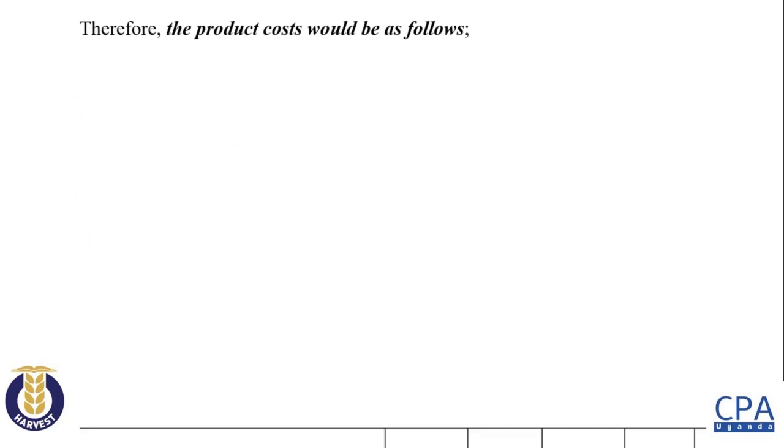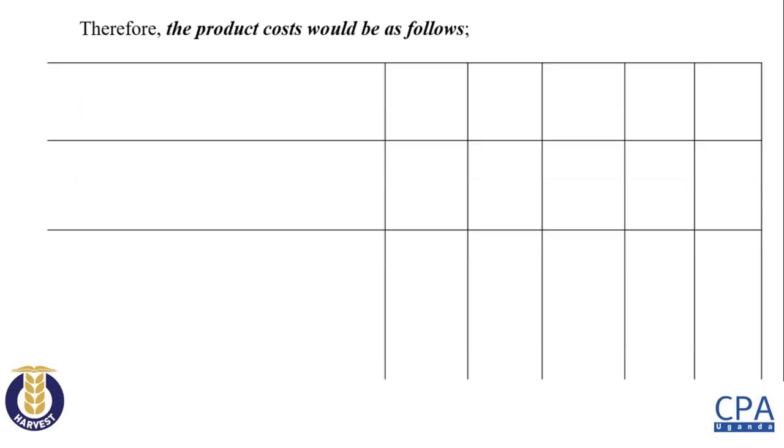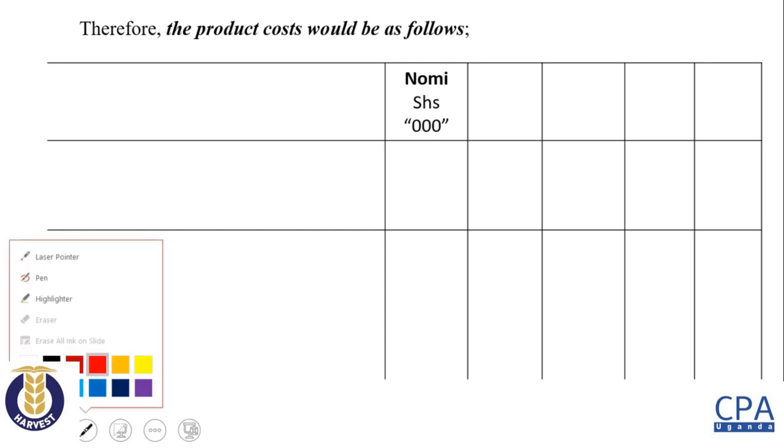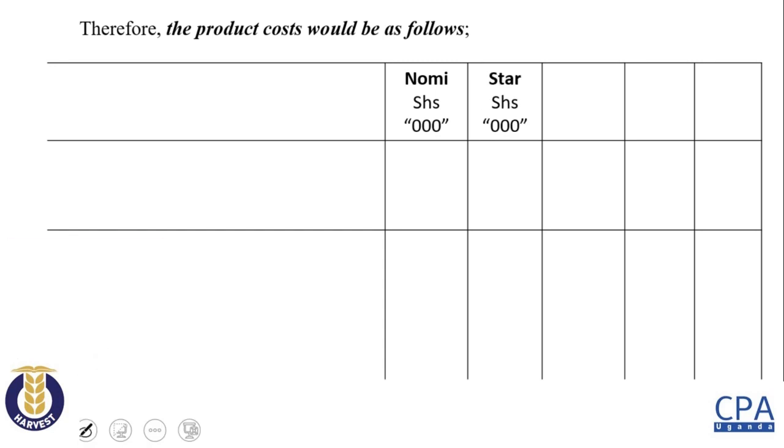We shall present our solution in tables and columns as we have done before. In the first column I'll present the computations for Nomi, in the second column the computations for the unit cost of Star, in the third column the computations for Omo, and in the fourth column the computations for our product Jik.